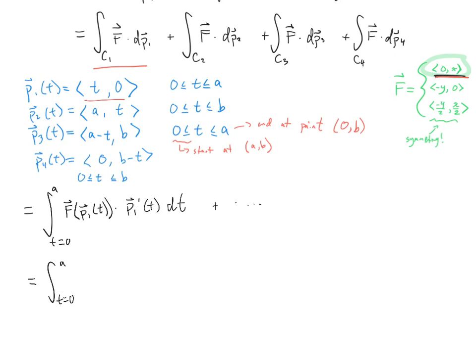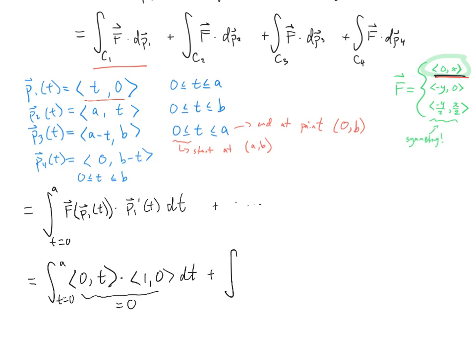F is 0 comma x, so f is 0 comma whatever P1's x is, which is t, dot P1 prime. P1 prime is just 1 comma 0, dt. And the really nice thing about that is that's just 0. So in fact, this integral is 0. There's just no contribution from that side of the rectangle.